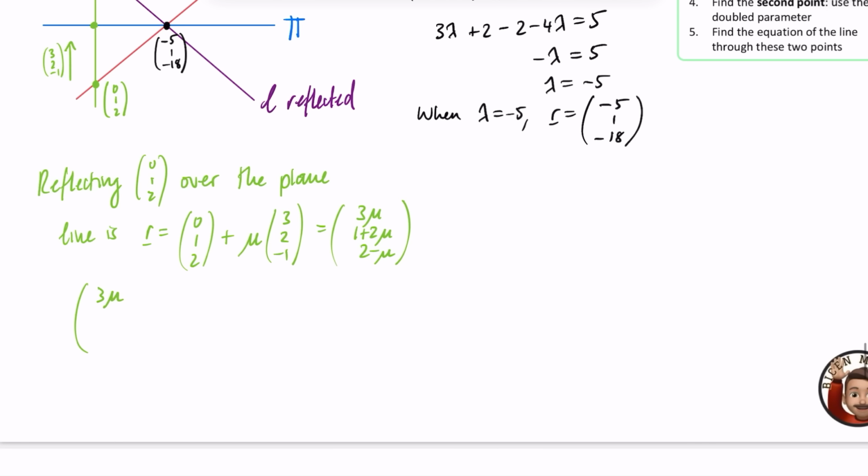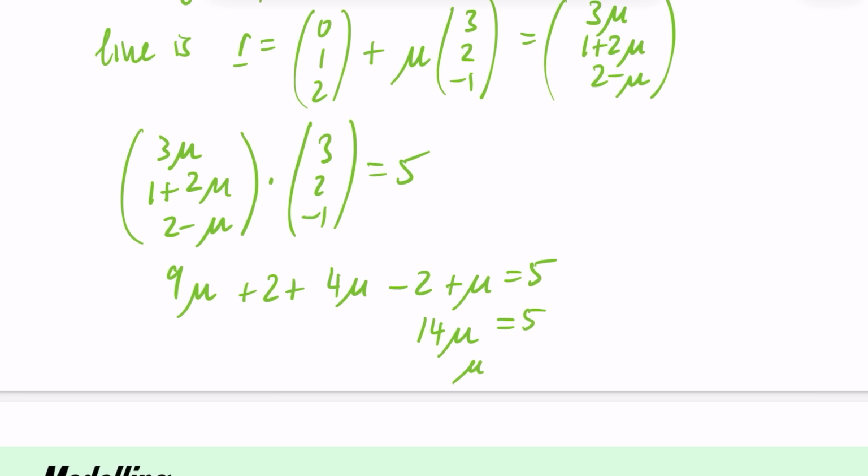That's my 3 mu, my 1 plus 2 mu, and my 2 minus mu, dotted with the 3, the 2, and the minus 1, and equaling 5, and coming up with some sort of equation. 9 mu plus 2 plus 4 mu minus 2 plus mu equals 5. So that's 9, 10, 11, 12, 13, 14 mu. The 2's cancel, is equal to 5. And so mu is equal to 5 over 14.